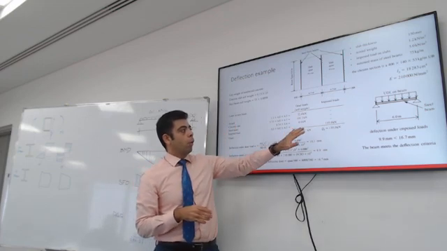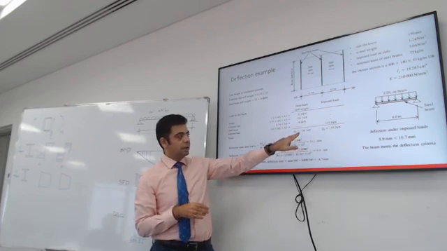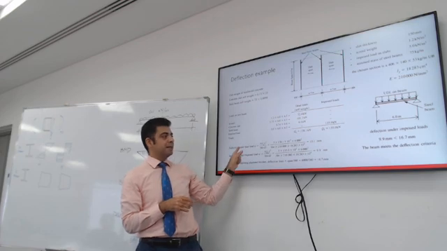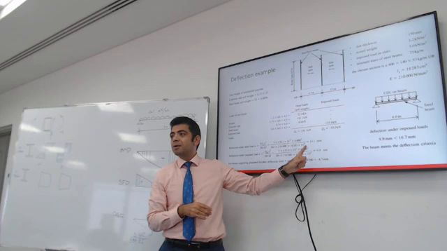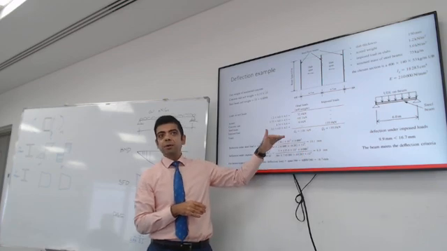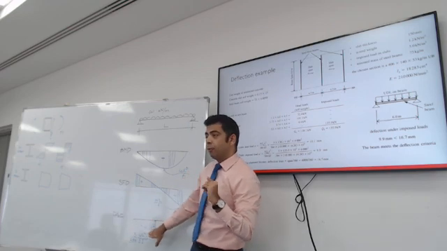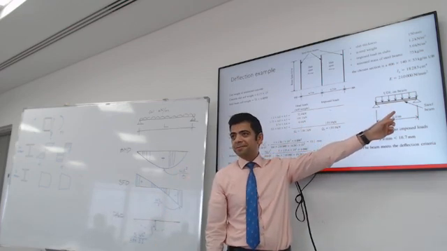So what do we do from here? You need to get the dead load and live load in order to get the dead load deflection and live load deflection. So how do I get the dead load and live load deflection? From the deflection formula according to the loading type.